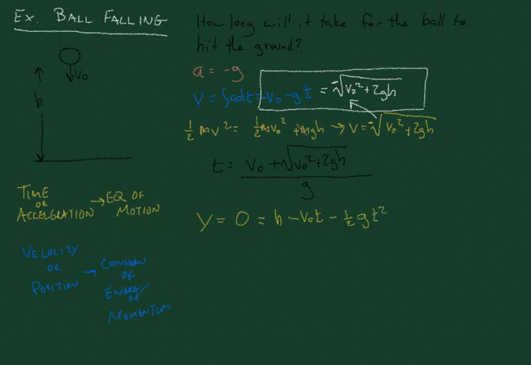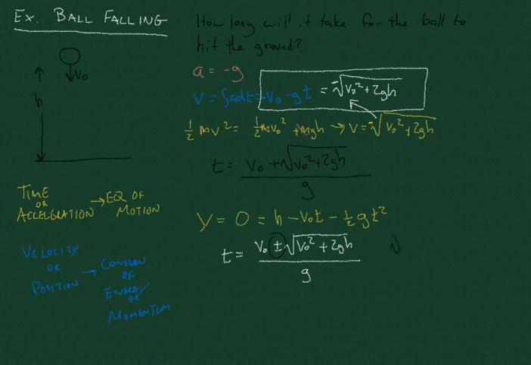Now we have to use the quadratic formula to say that t is equal to negative b plus or minus the radical of b squared minus 4ac, which is 2gh, all over 2a, which is g. So now again we get the same thing. We have this v0, and a plus or minus term here, and we have to figure out which one to use.